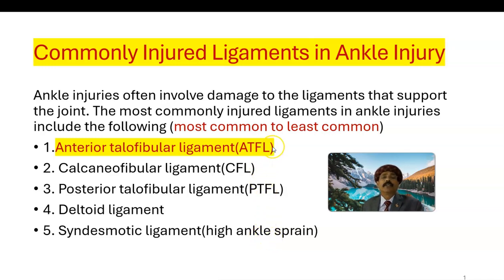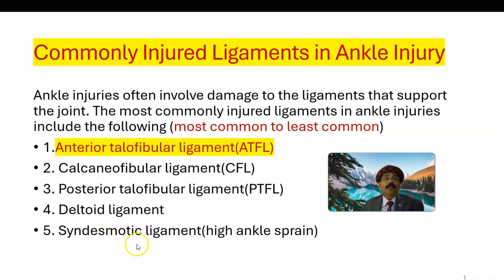So we are saying the lateral aspect of the ankle ligaments are weaker and more prone to get injured or damaged, like the anterior talofibular ligament. On the medial side, the ligament is stronger and thicker, so the chance of deltoid ligament damage is less.